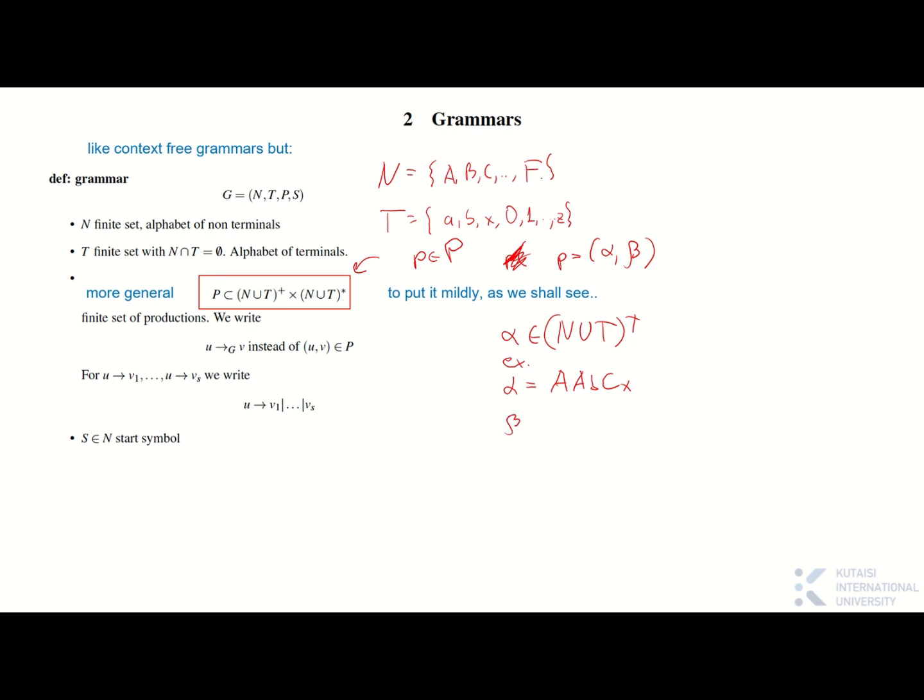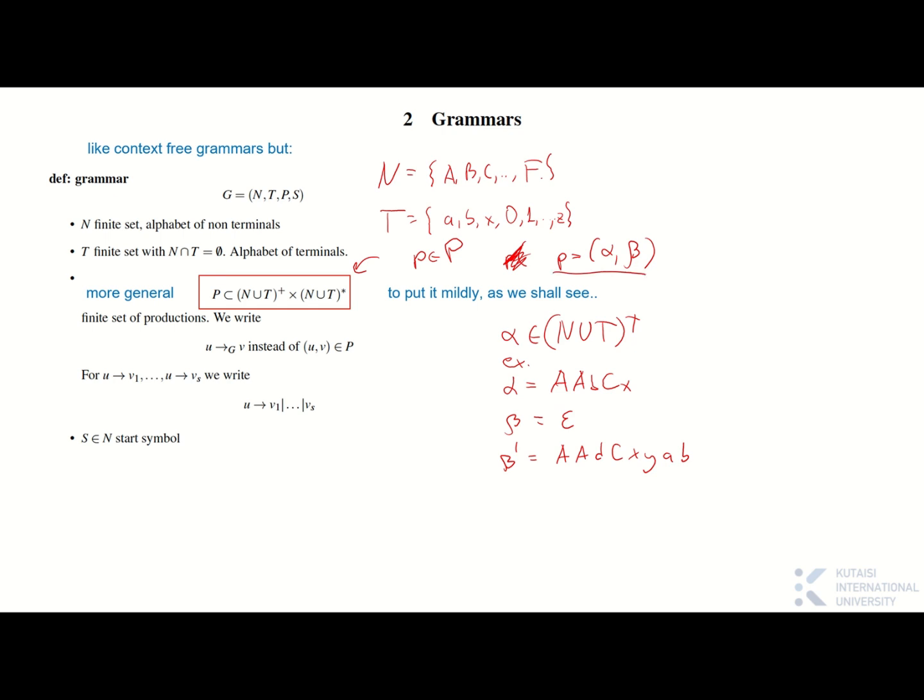And beta, on the other hand, is exactly the same thing, a string of terminals and non-terminals, but you're also allowed to have an empty string. So this might be empty, but this also might be something, the same exact thing. So it's just a pair. How are we going to write this?